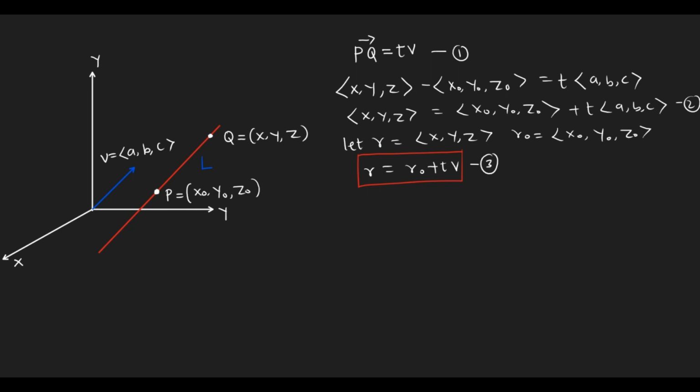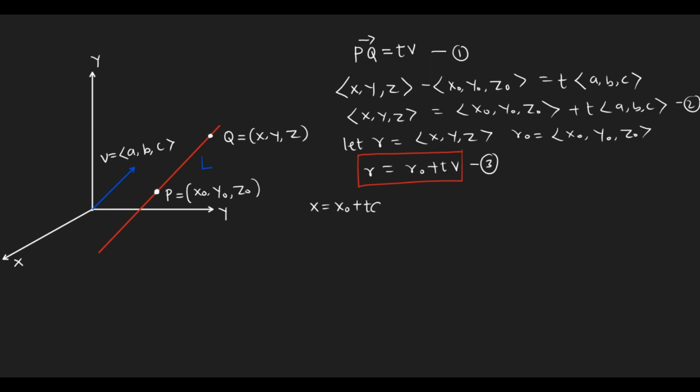What we are going to do next is consider equation 2 and equate components. From equation 2, x is equal to x naught plus ta, multiplying the scalar by the component of vector v.